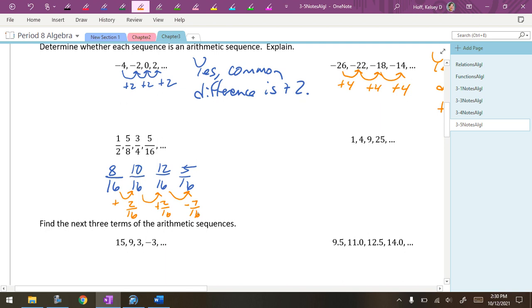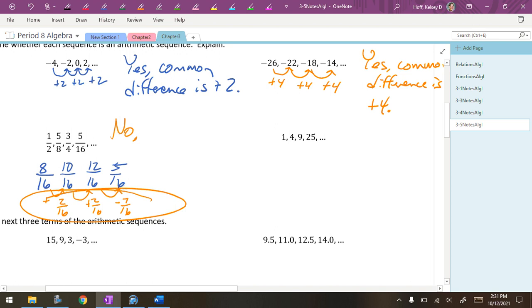Is this an arithmetic sequence? No. And all you have to say is no. This proves it right here. You added, and then we subtracted. Who cares how much they added or subtracted? The fact that it changed makes a difference.